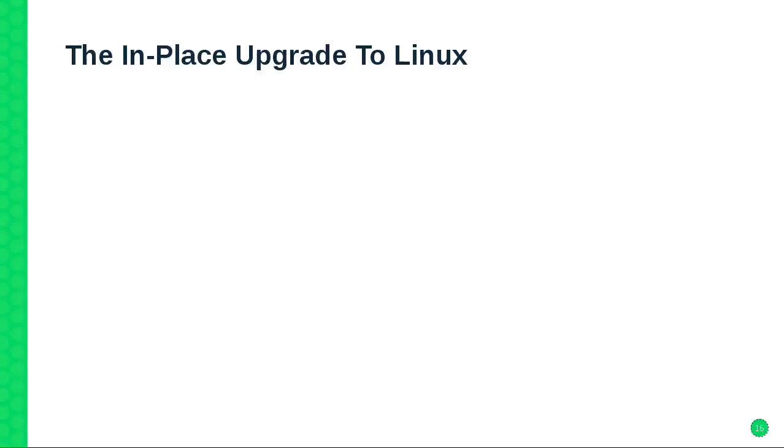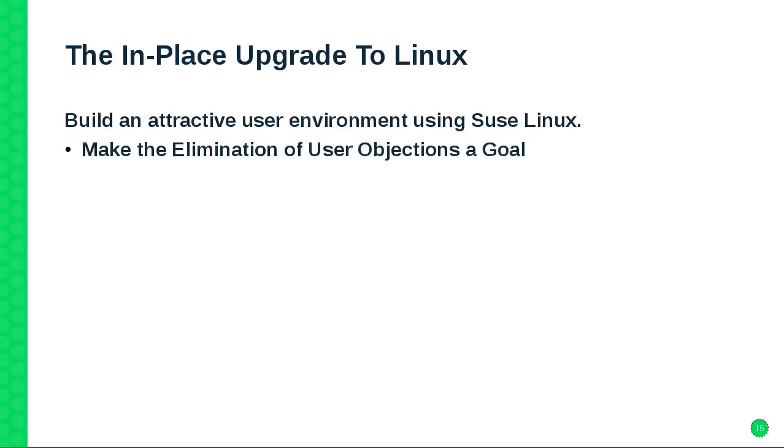Right, so where were we? We were talking about an in-place upgrade. The important thing is to have something attractive that the users want to use, rather than foisting something on them that they don't want.